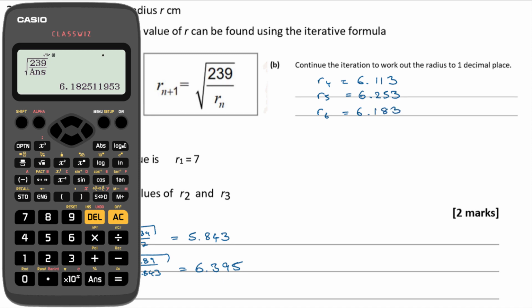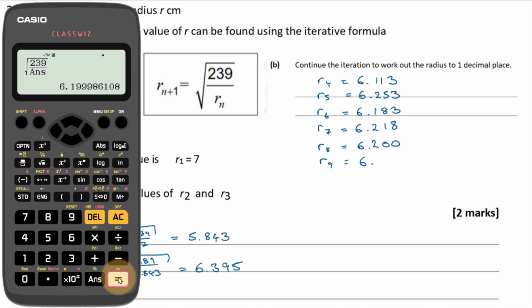Still jumping around a little bit, so wait until it settles down. r_7 equals 6.218. Still bobbling between 1 and 2. Next one, r_8 equals 6.200.